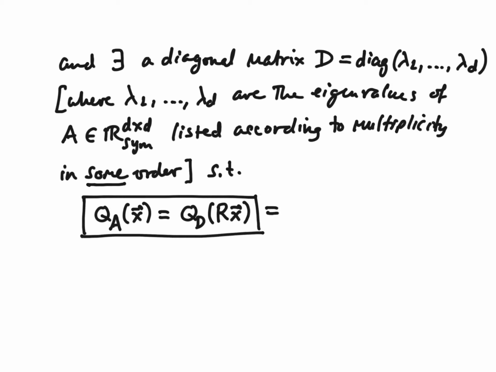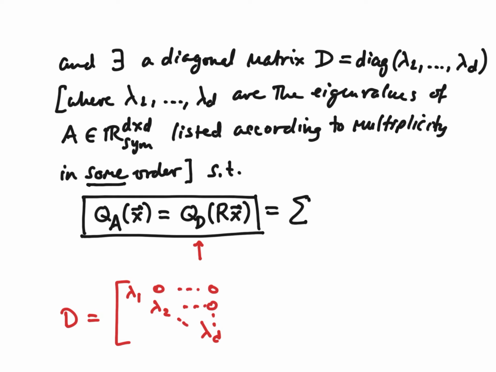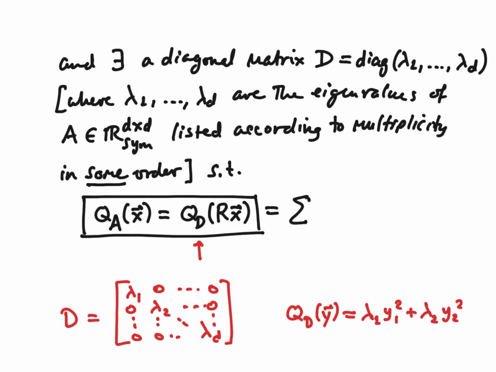The important thing about the quadratic form based on a diagonal matrix, which has entries only on the diagonal and zeros everywhere else, is that if you write it down in some new variable y, you just get lambda 1 times y1 squared, lambda 2 times y2 squared, and then lambda d times y sub d squared. They're only pure square terms. There are no cross terms, because the cross terms would have these coefficients, and they just vanish.